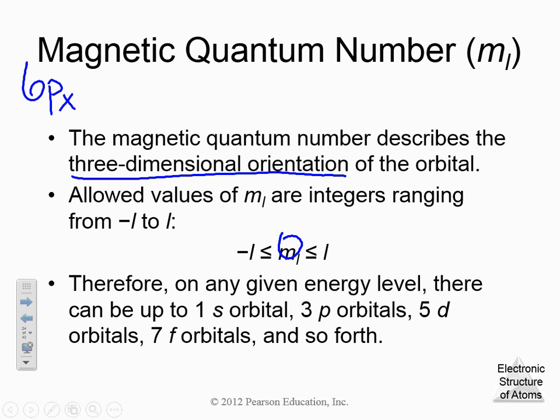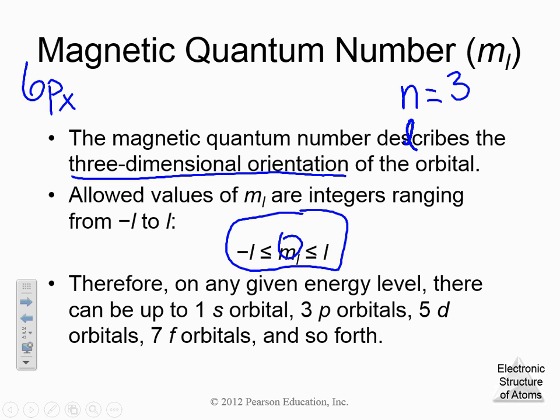And we get L from the last slide. L is the sublevel. The 0 is S, 1 is P, 2 is D. We get that from the last slide. So if we continue to use our example from the previous slide, n equals 3.